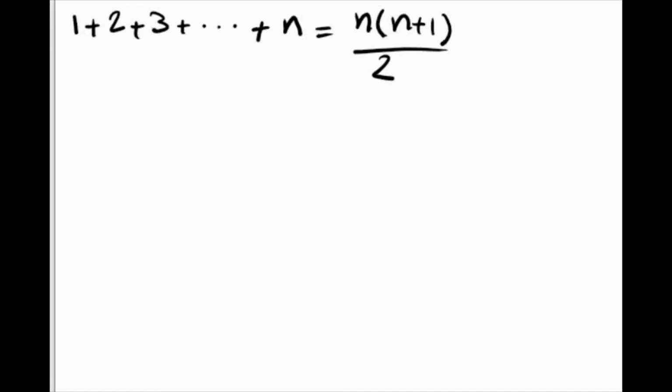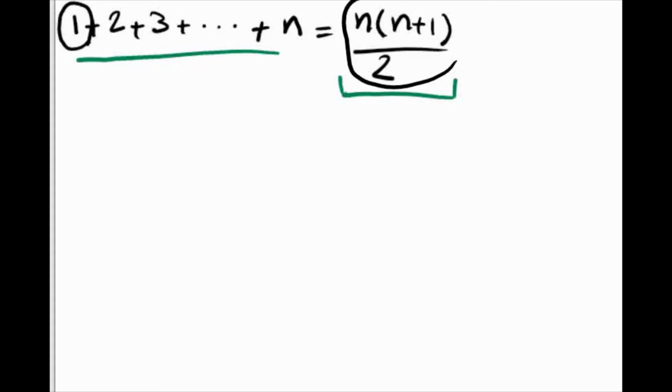We have 1, 2, 3, 4, 5, 6, 7 until we get to n. This part of our equation is equal to this part of our equation. So any numbers till n, when you add them together, give the same result as plugging n into this formula.